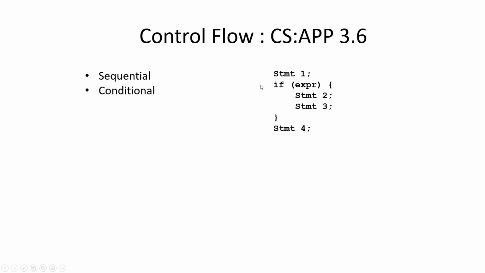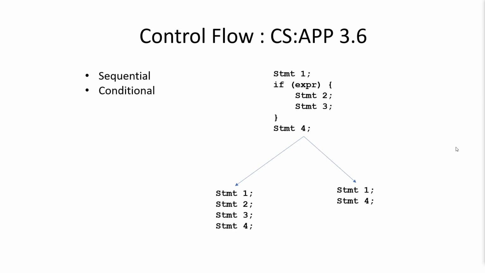We get to an if, a conditional of some kind, that says either I want to do these based on some sort of condition, or I don't want to do them if the condition is false, and I'm going to skip over. So we have one of two different pathways the program can execute in. Either we're going to execute all of these statements, 1, 2, 3, 4, just like that in order, or we're going to skip some statements. So a conditional is a way to skip statements. Here we go straight from 1, jump down to statement 4.